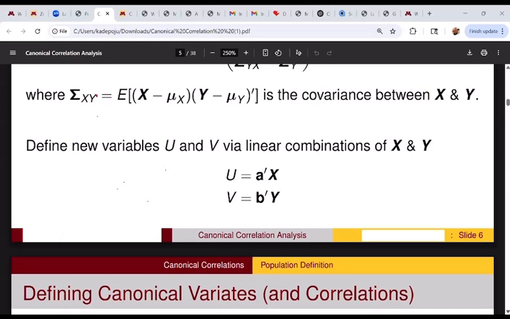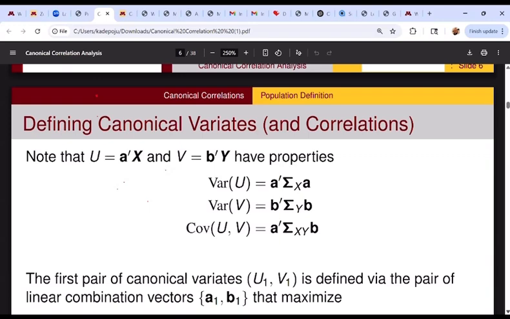Now, the next thing we want to do with the new variables U and V, where U is a linear combination of set X and V is a linear combination of set Y, is look into the correlation between U and V. If I want to talk about correlation, I need to understand the variance of U, the variance of V, and the covariance of U and V. The formula for correlation is the ratio of the covariance between the variables to the square root of the product of the variances.